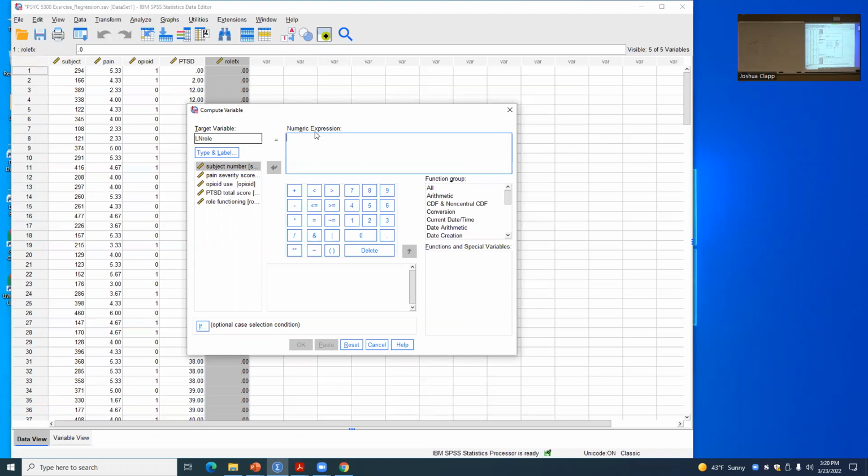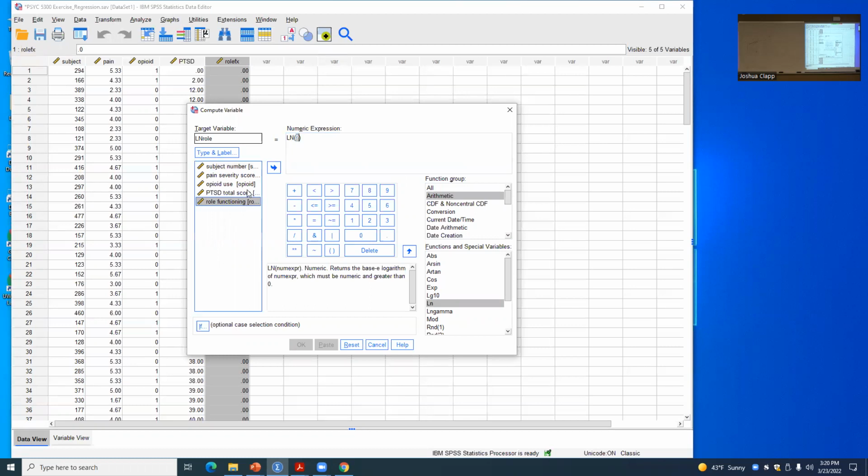In the function group, what I want to find is the natural log. If I click on Arithmetic, it gives me a bunch of different functions down here, and I'm going to find ln. This is my natural log. Double click that, and I'm going to take my role functioning variable and drop it into that.